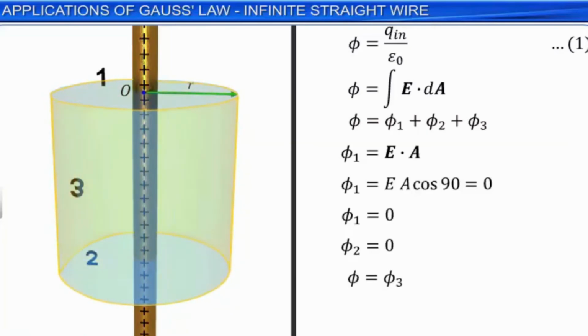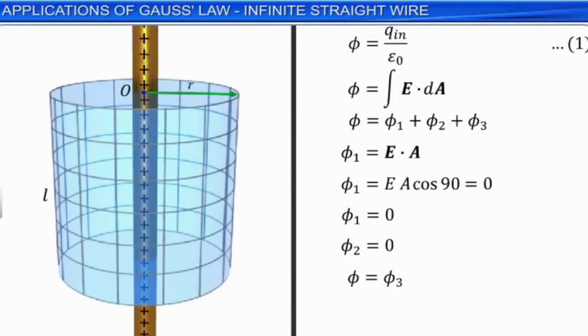Let the surface 3 be assumed to be divided into infinitesimally small elements, each of area dA. There will be a net electric flux through this surface.